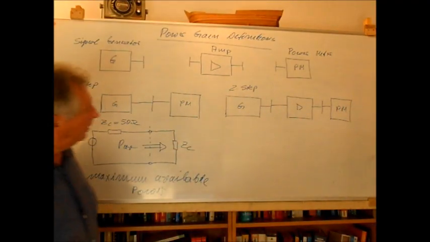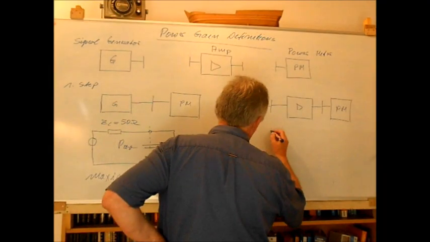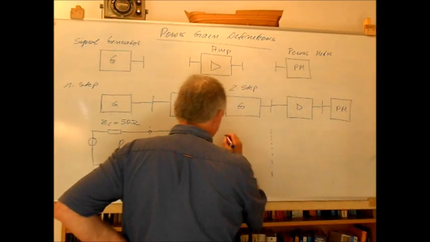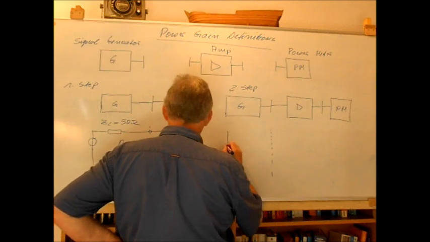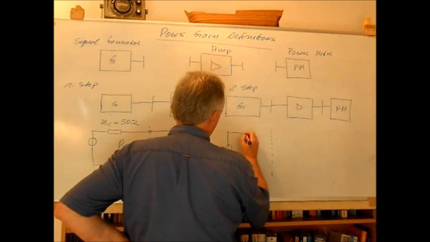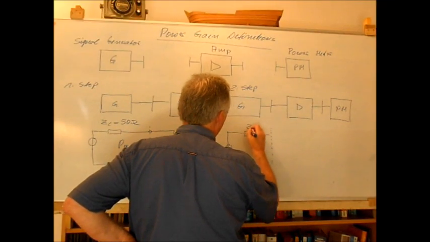And if I set up now the equivalent circuit, it will look almost like this, that we have our signal generator again, which has a certain characteristic impedance ZC.